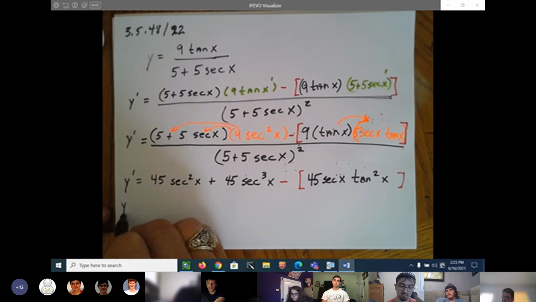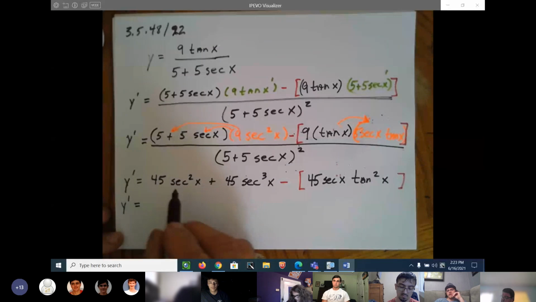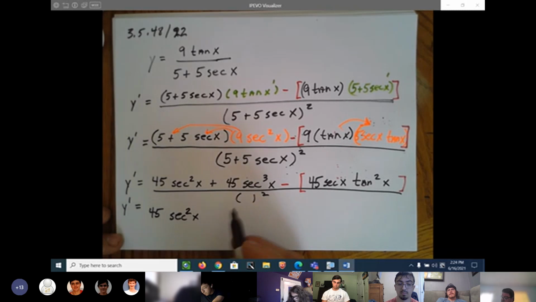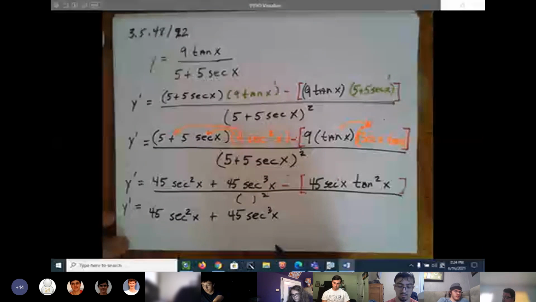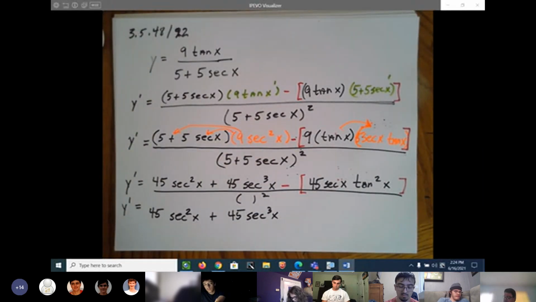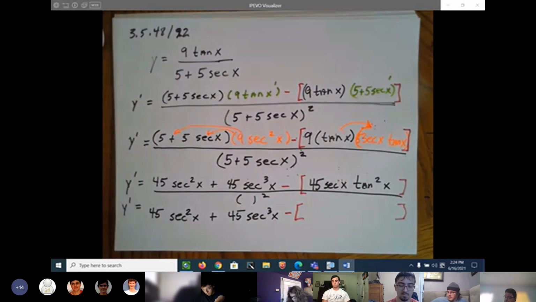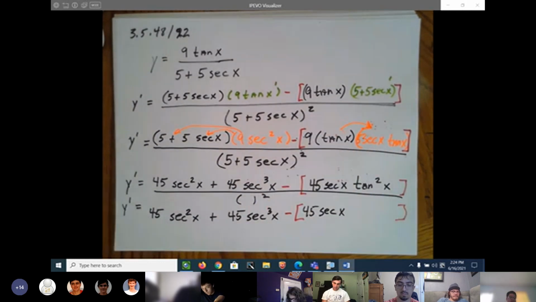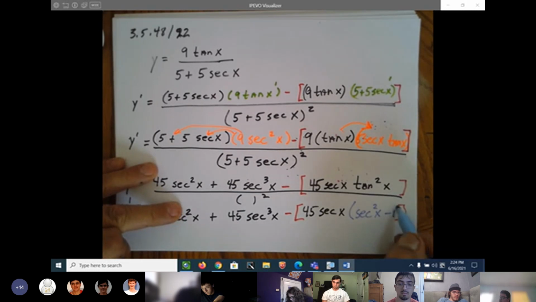So I'm going to rewrite y prime is equal to, and that's over, and 45 secant squared x plus 45 secant cubed x minus 45 secant x, take my blue marker, secant squared x minus 1.